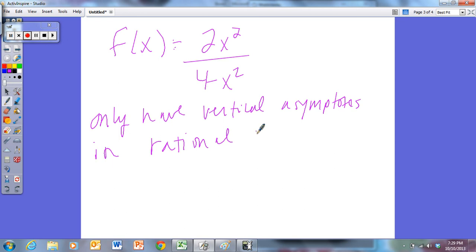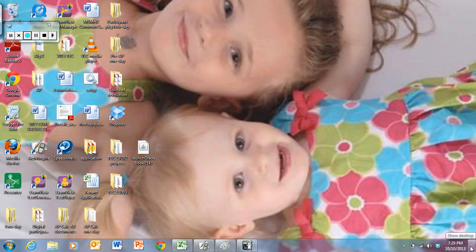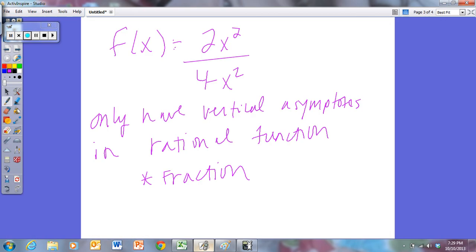I can't think of another function that has a vertical asymptote other than a rational function. So a rational function, that means a fraction. Vertical asymptotes only occur when you have a fraction. And the way you find a vertical asymptote is to set the denominator equal to 0.